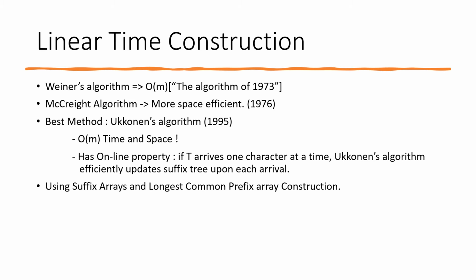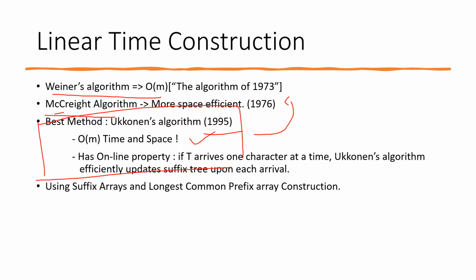These are a few algorithms which can help us achieve the goal. Weiner's algorithm can be done in O of m time, and there is also McCreight's algorithm. But the best method is Ukkonen's algorithm, given in 1995. It has O of m time and space. It also uses concepts from McCreight's, and it has this specific online property.